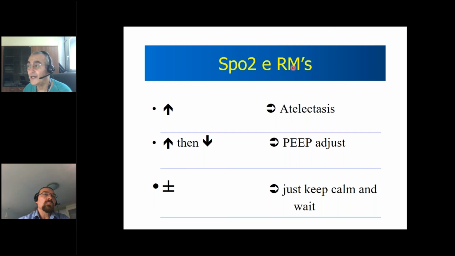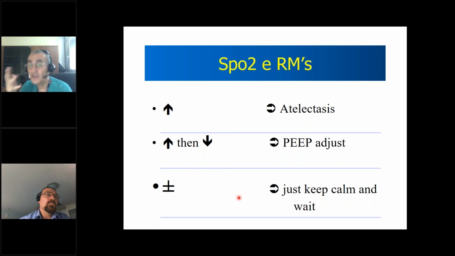I do a recruitment maneuver and saturation goes up and then goes down. So this is a recruiter, but it needs PEEP adjustment in order to keep the recruitment. Finally, and those are the patients that I showed you during my presentation, there are patients in whom I perform a recruitment maneuver and they do not change SpO2 or compliance.